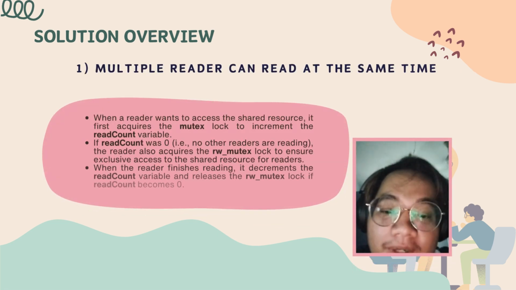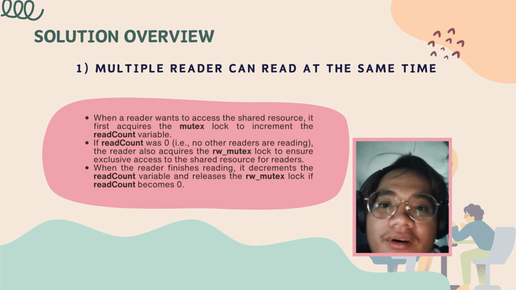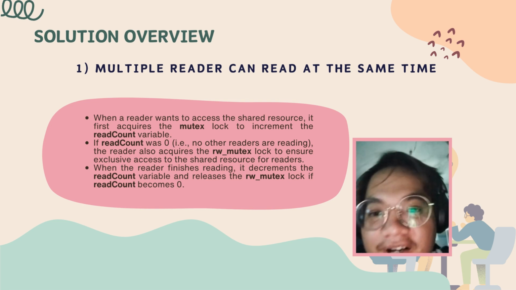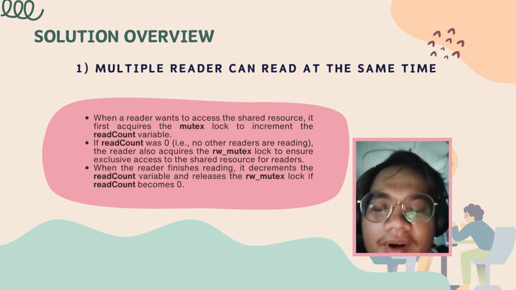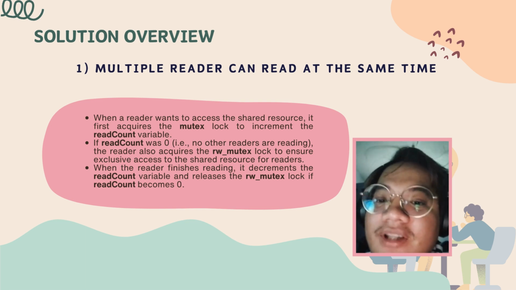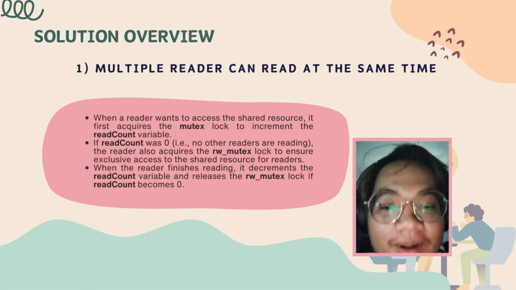I will explain one by one. There are four aspects I want to explain. The first one is multiple readers can read at the same time. When a reader wants to use the shared resource, they first grab the mutex lock to increase the read count.